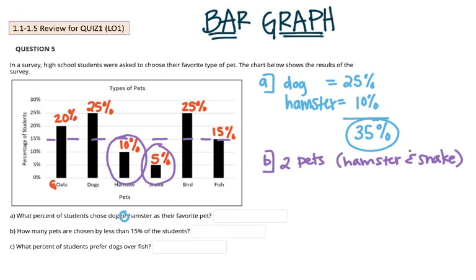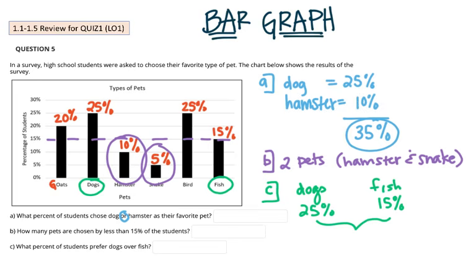What percent of students prefer dogs over fish? So here's dogs. Here's fish. So dogs was 25%, and fish was 15%. So when we're comparing one to the other, we just subtract.